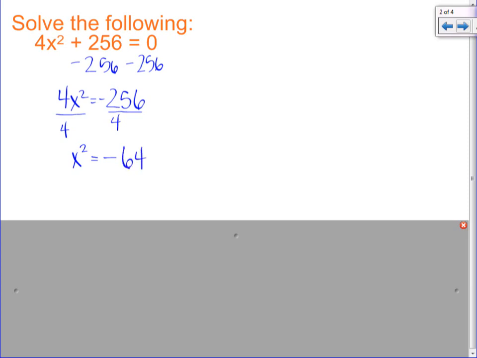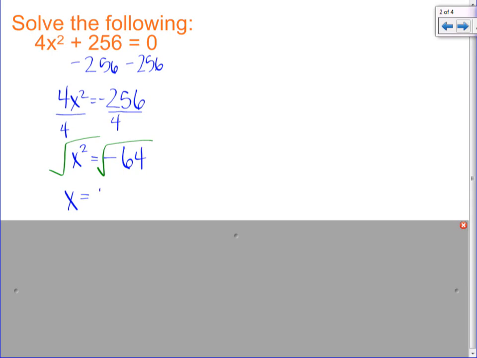Okay, now what? We square root both sides. What's the square root of 64? When we take that out, what are we going to write? What about this negative right here?